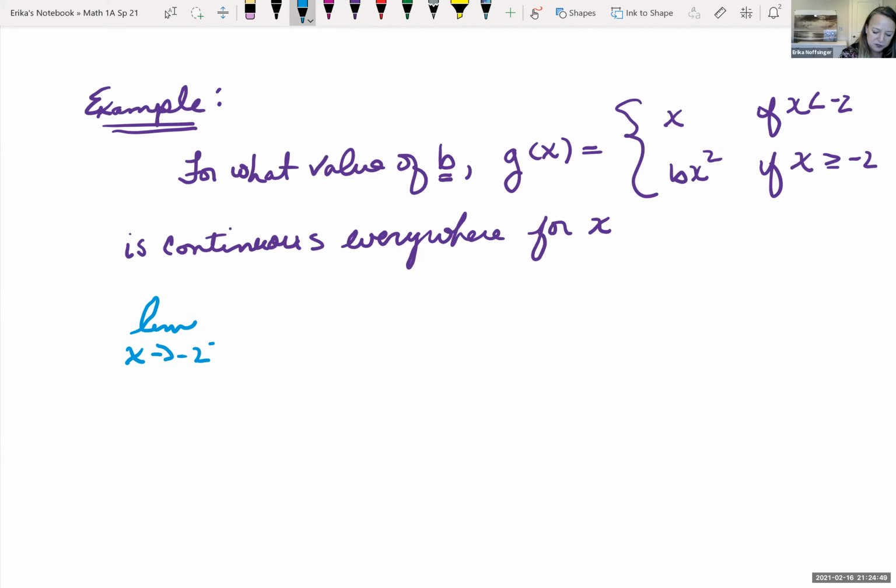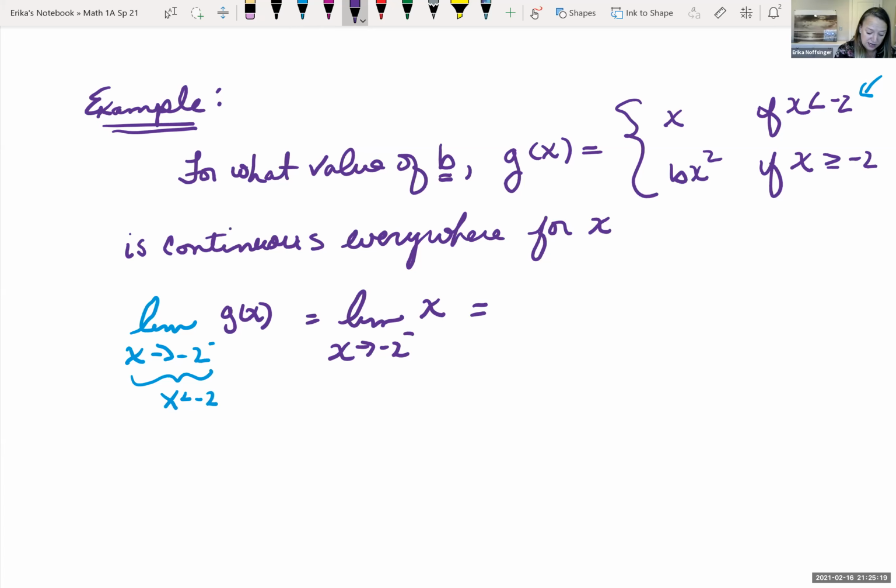That means my values of x are smaller than -2, and so I have to use the first equation. So this would be the limit as x approaches -2 of x. With direct substitution, this would just give me back -2.